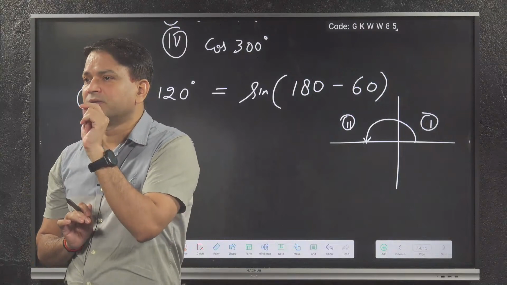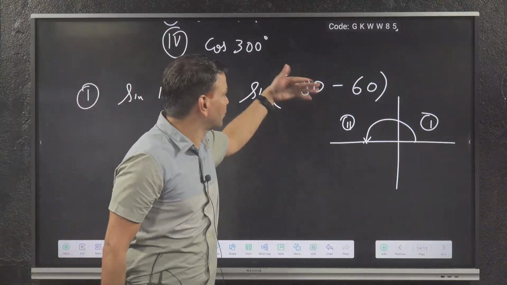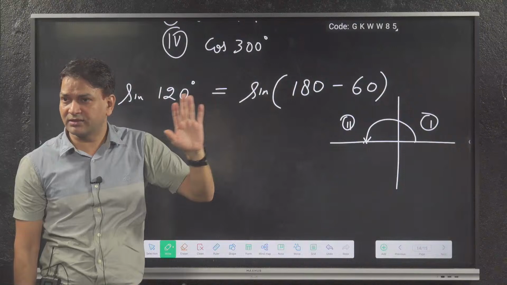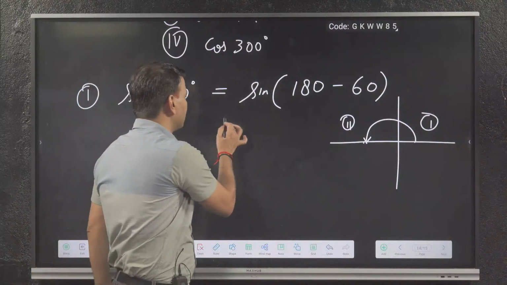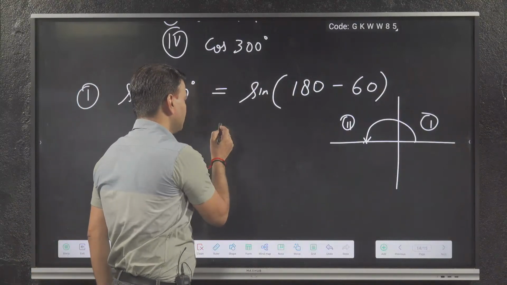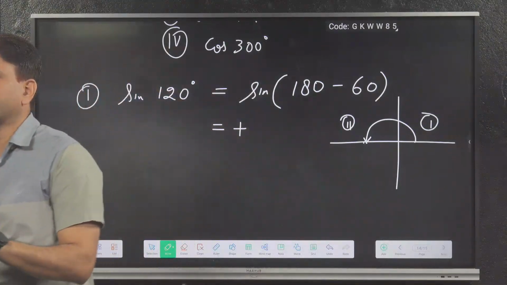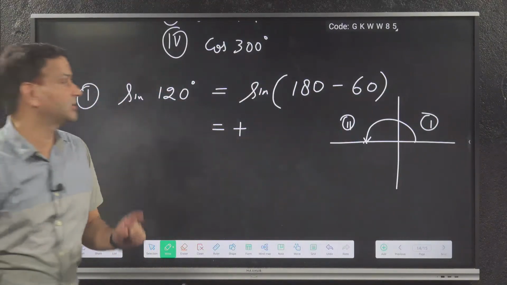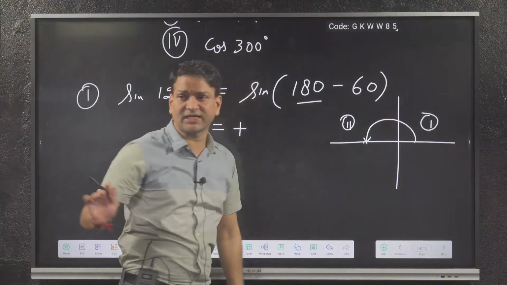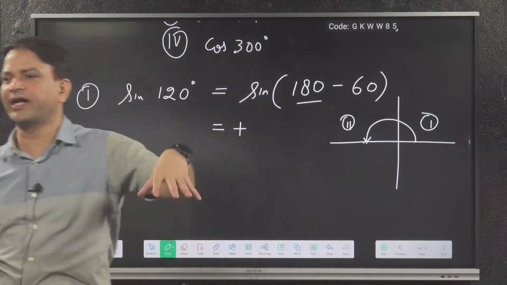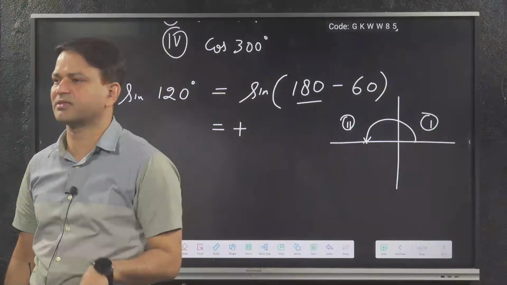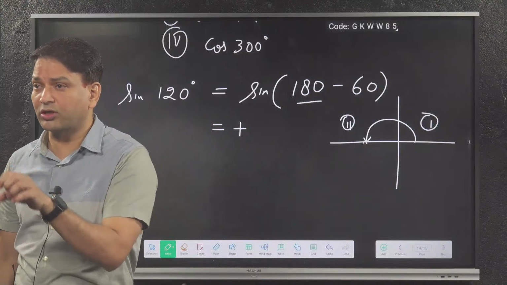Then forget about the 180. Now you decide the sign. Sign is what? Positive. Directly you have to write the value of sine 60. Its role is only to decide the quadrant. When you split into 180 minus, 180 plus, 360 minus, 360 plus, its only role is to decide the quadrant.